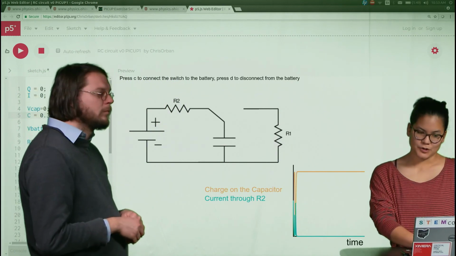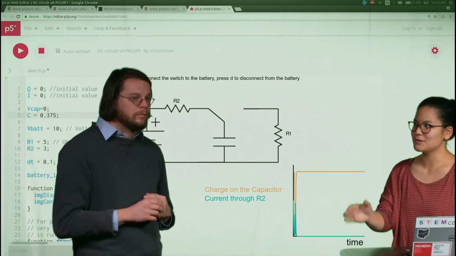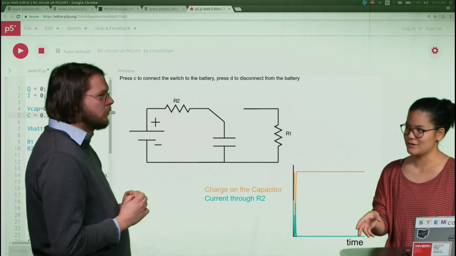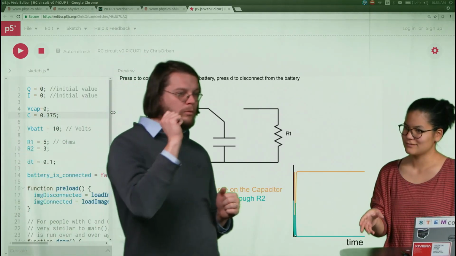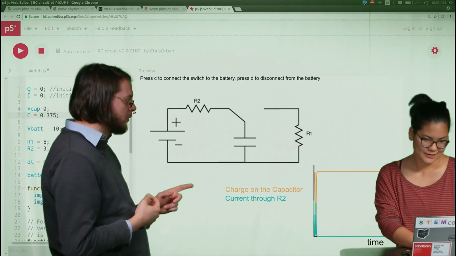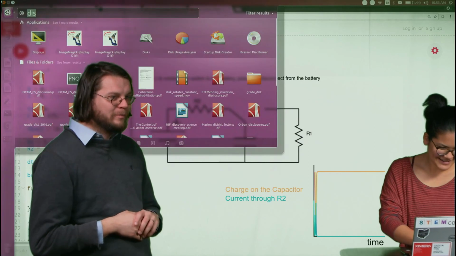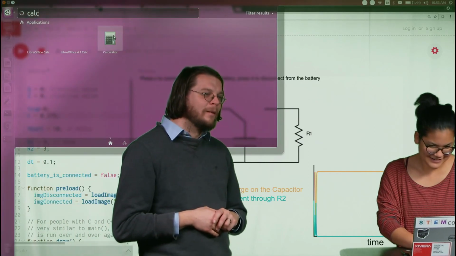We can go back to how capacitance relates to the voltage and the charge. So maybe you want to get out the calculator thing. You remember how to get that on my laptop? There we go.